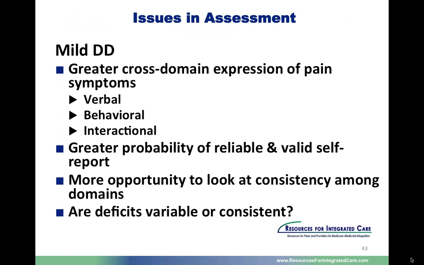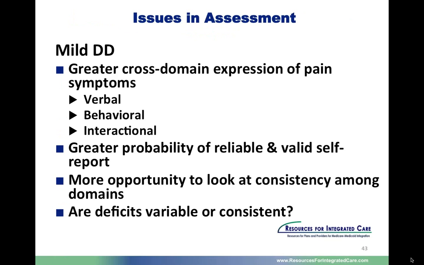All right, so at the mild level of developmental disability, we see people who are likely to be involved with more activities, have more interactions, more modes of verbal expression, perhaps engaging in a wider array of more functional behaviors.